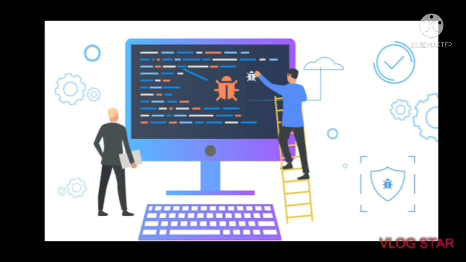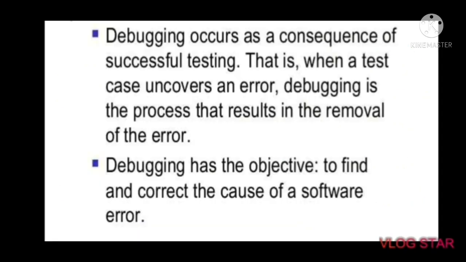Can you see the picture on the screen? A man is trying to find an error. This is just an illustration, okay? He's trying to find the error in the computer.